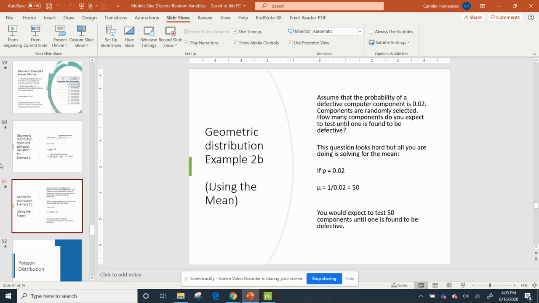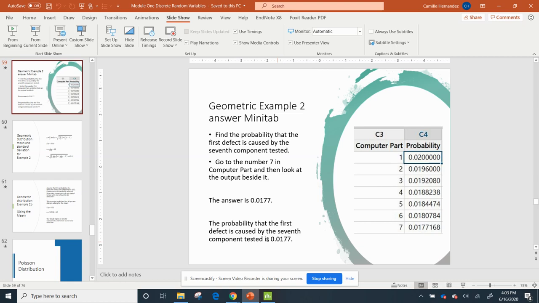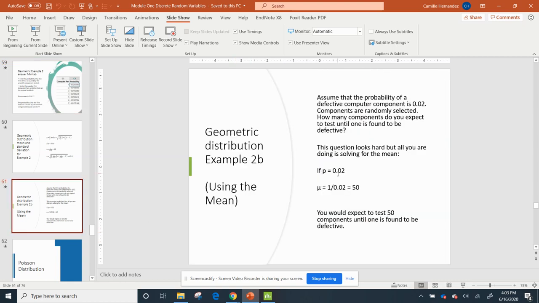Let's go back and look: the earlier question was asking for the probability. This one is looking at how many components you expect to test until you find one with a defect. So it looks really hard, but it's not. It's just looking for the mean. You do the mean and you get 50. So you would expect to test 50 components until you found the defect. That's all you're doing on that one.